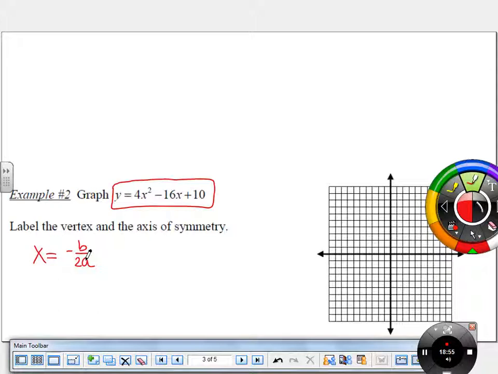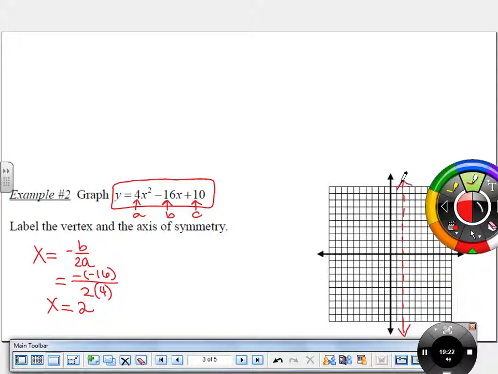So in our case, our b value is negative 16, and we're looking for a, b, and c from the equation. Our b value is negative 16 and our a value is 4. So this becomes 16 divided by 8, which is 2. So x equals 2 is our axis of symmetry.